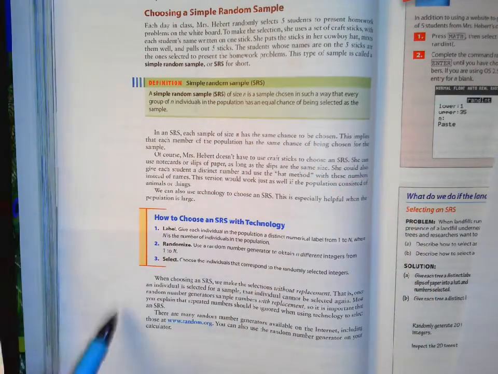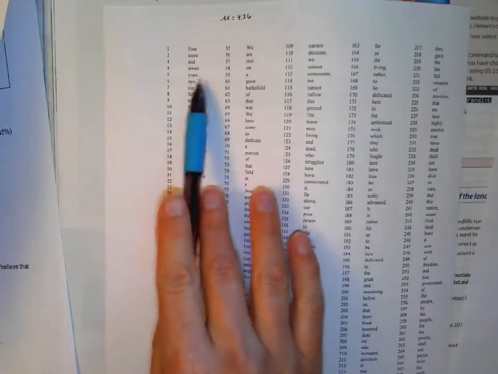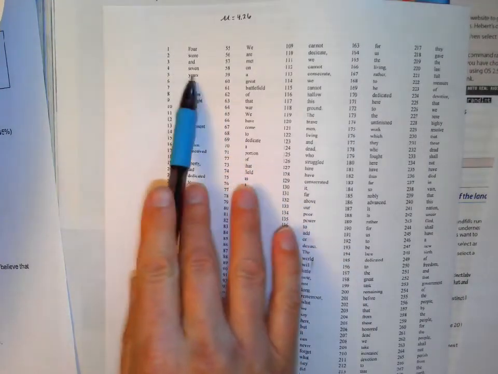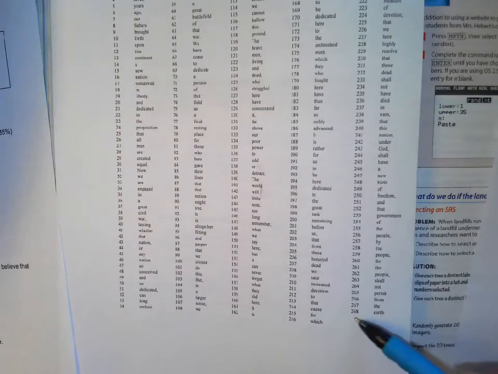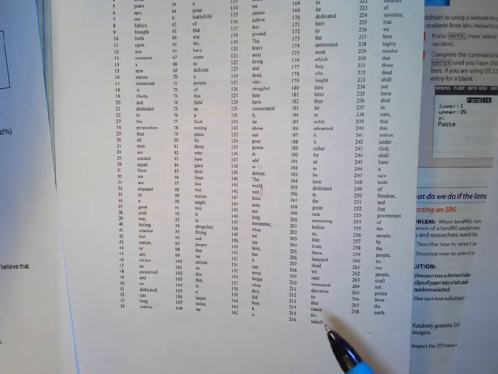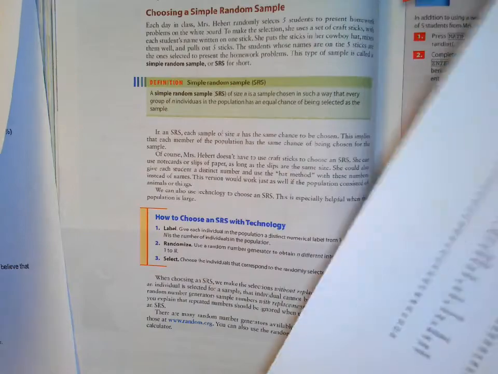So what we did was we numbered each word, and then we used random.org to randomly choose 5 numbers out of the 268 words that were there. Okay, so that was a simple random sample. Each word here had the exact same probability of being chosen, right? 1 out of 268 chance of being chosen. Now that is an example of a simple random sample.